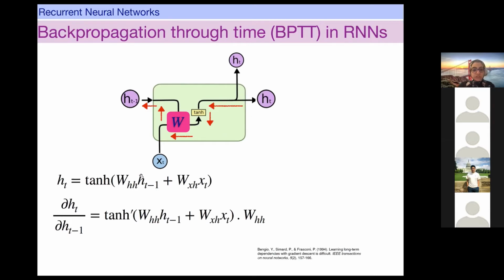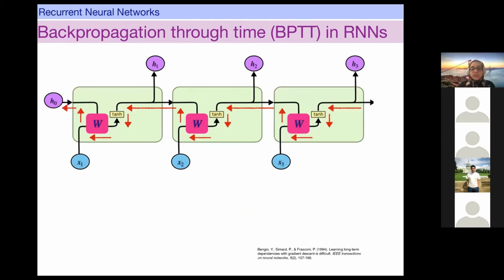The equation itself is not important, but one thing I want you to notice is that we multiply through this weight matrix. What happens if we multiply through a weight matrix over and over again over a long sequence? To get the gradient of the last one with respect to the first one, we have to keep multiplying through this weight matrix at every single time step.